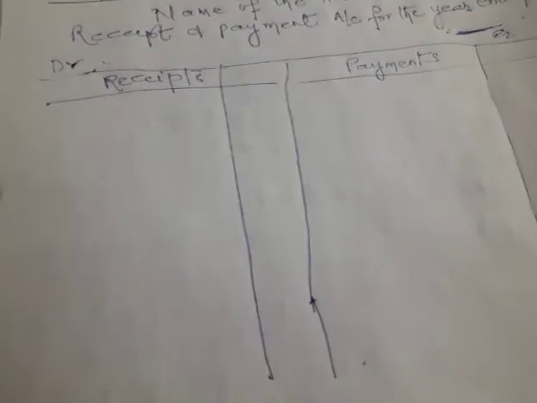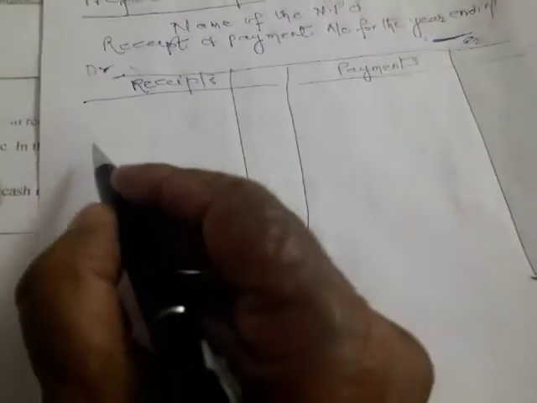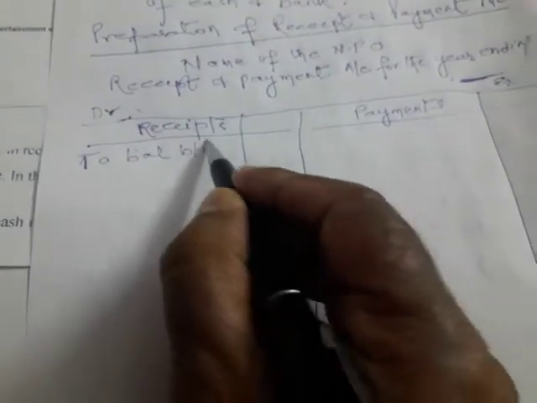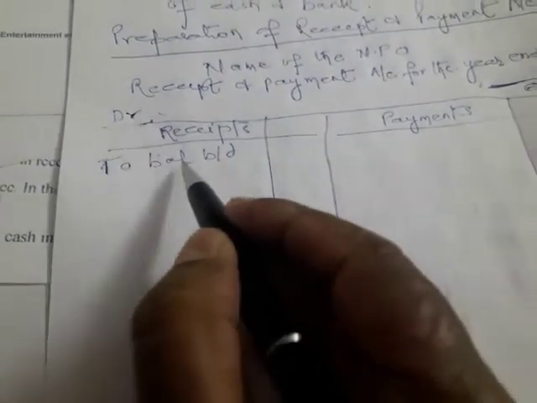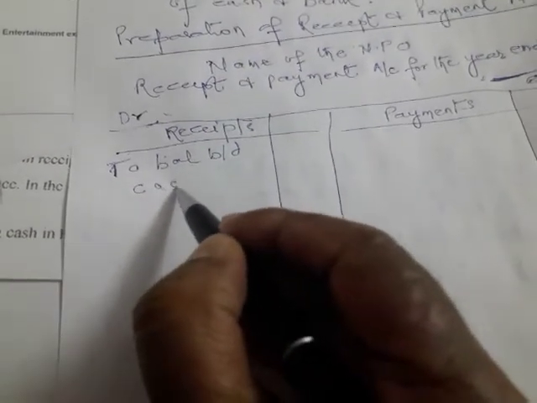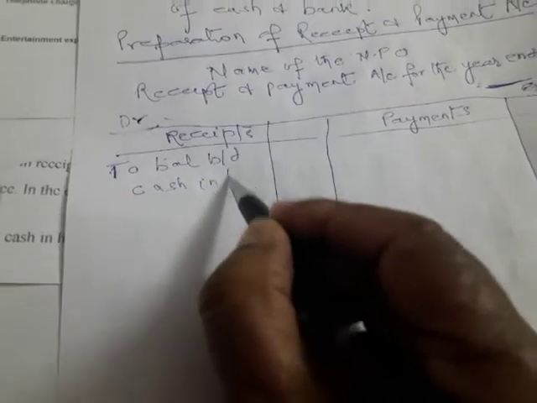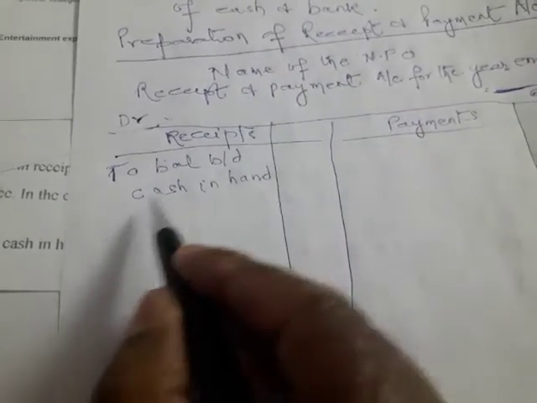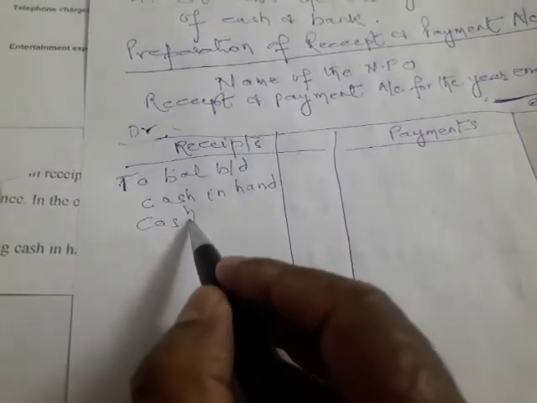This account always starts with the debit balance. To balance brought down. This balance represents the opening cash in hand and cash at bank.